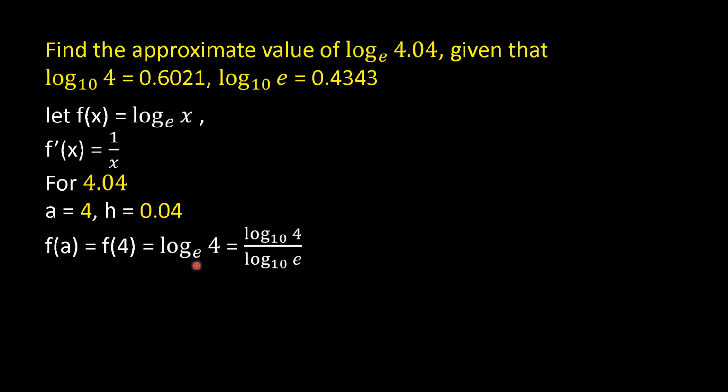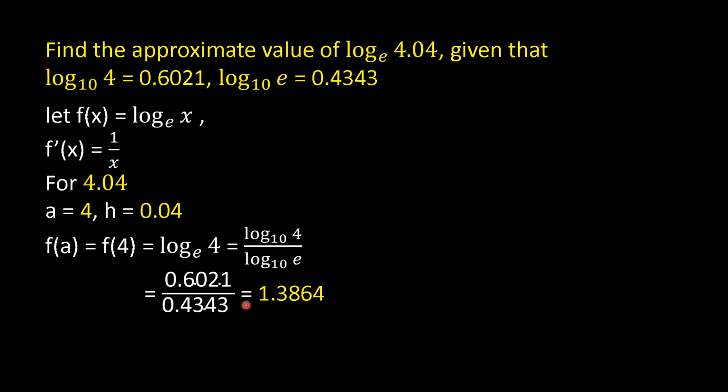Log 4 to the base e will be, we can apply the change of base rule of logarithm, in which we write log 4 to the base e as log 4 to the base 10 divided by log e to the base 10. We will substitute the values. For log 4 to the base 10, we put 0.6021, and for log e to the base 10, we put 0.4343.